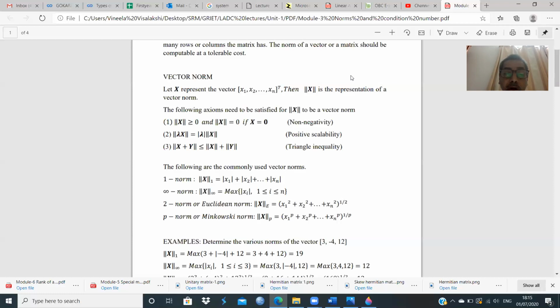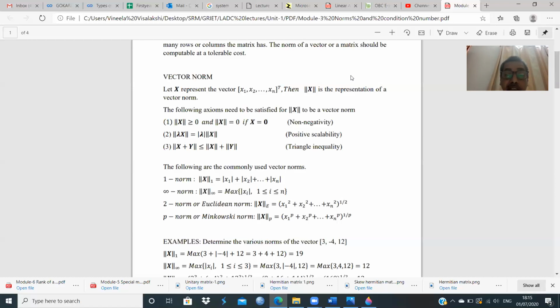The two norm or the Euclidean norm is the most commonly employed vector norm, and it is the square root of the sum of the squares of the vector components. A more general norm is the Minkowski norm or the p norm, which is obtained by taking the pth root of the sum of the powers of the vector, each one raised to power p.